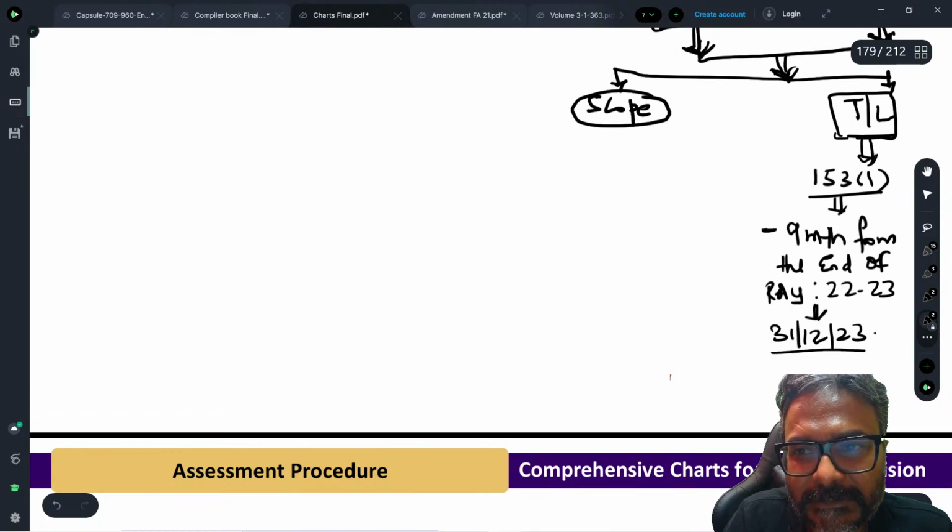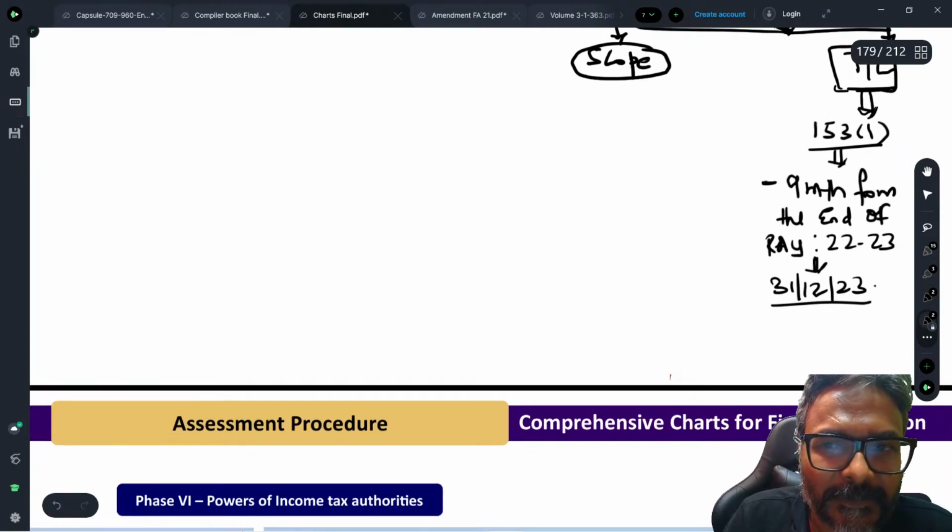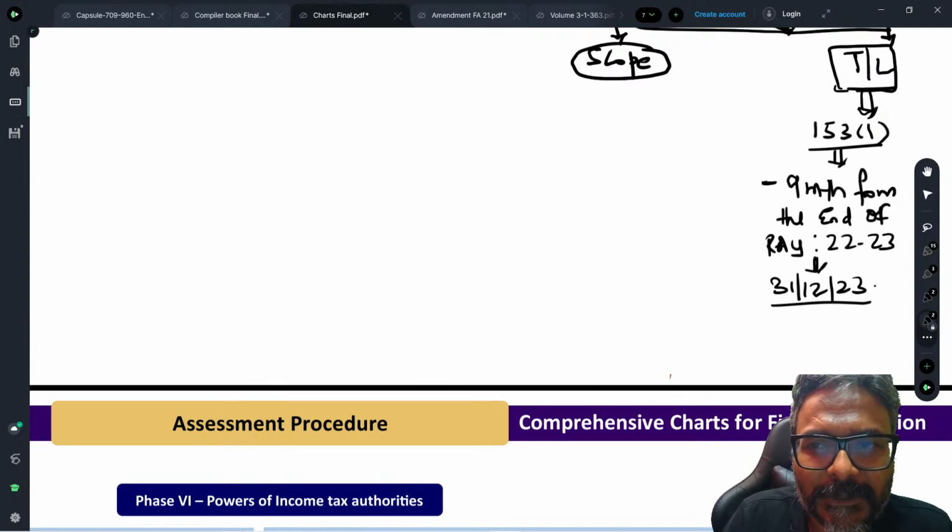Can we all say this? 31st of December 2023. So this becomes the time limit in this regard. 9 months from the end of the relevant AY. AY is 22-23, and therefore it becomes 31st of December 2023.